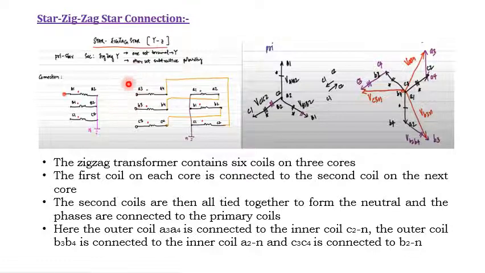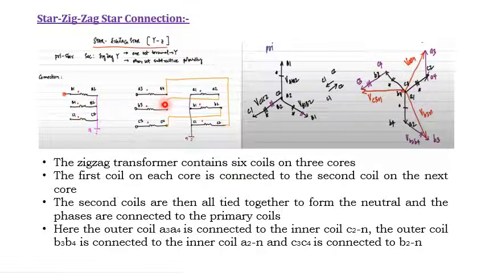See, this is the secondary side of the transformer, and this is the primary side. As the name itself indicates, the primary side is connected in star fashion. It consists of 3 windings connected in the star fashion. This is grounded, and it is considered as the neutral point, and the remaining 3 terminals as A1, B1 and C1.